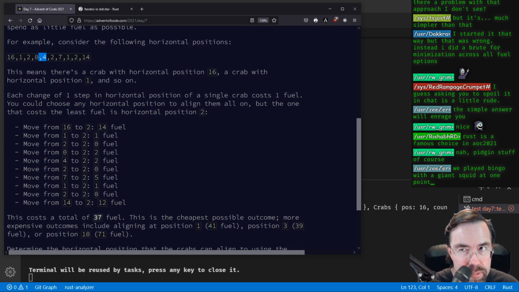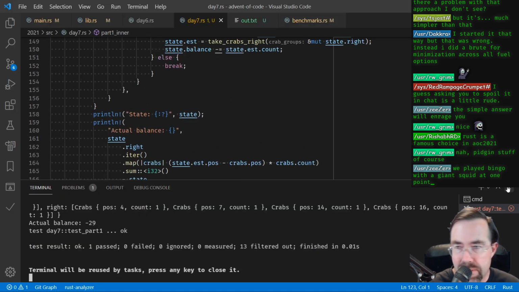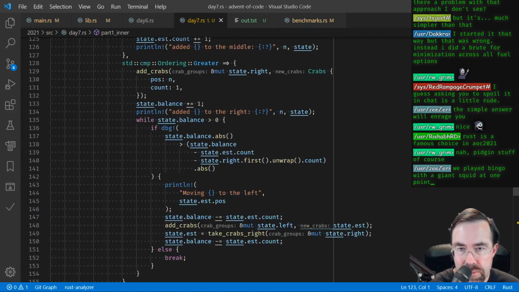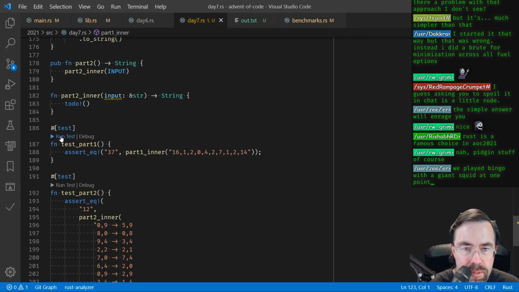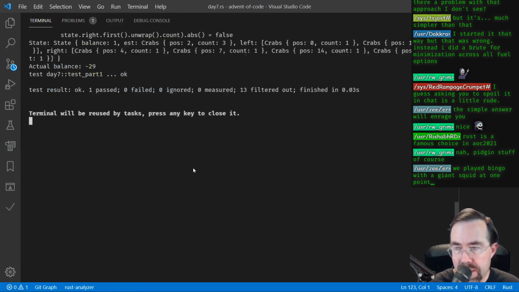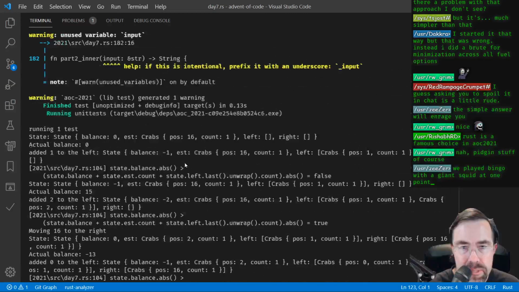And that's probably the reason why my algorithm is broken, because right now I'm calculating balance as I move things around, and I don't think I'm taking that into account correctly. So I'm trying to figure it out by looking at what the unit test produces.